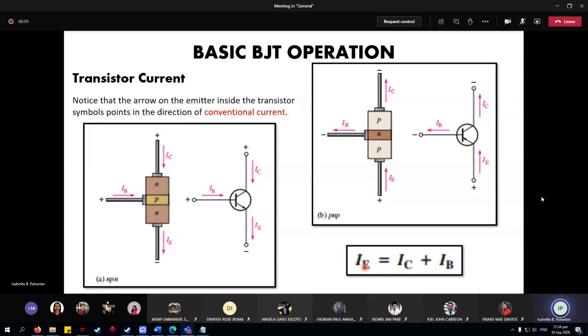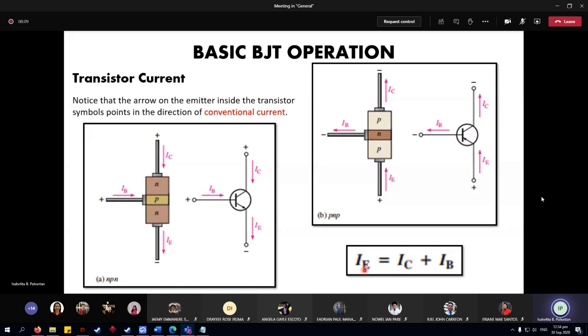Okay. So please remember that the largest value of current is the emitter current. The smallest is the base current. If the given is incomplete, you can actually approximate IE to be equal to IC.